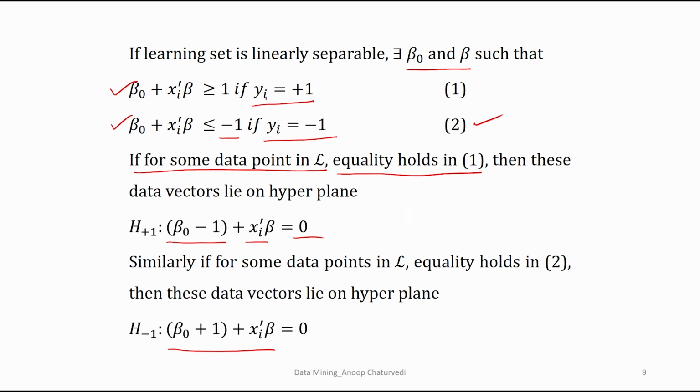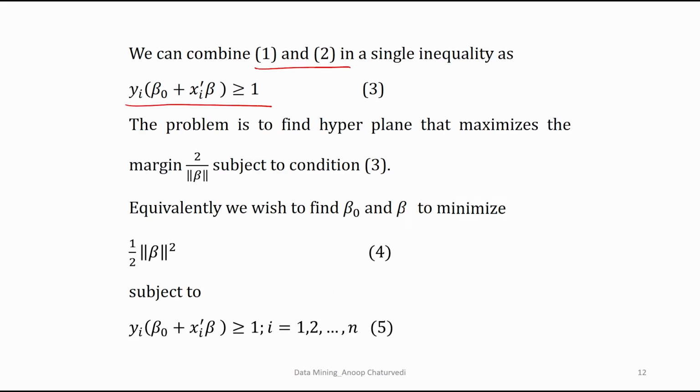And if we multiply by yi to this equation, in both the cases we obtain yi into (beta naught plus xi transpose beta) greater than or equal to 1. Then the problem is to find the hyperplane that maximizes the margin twice upon norm beta, subject to the constraint 3.